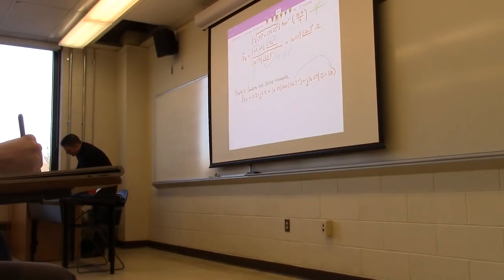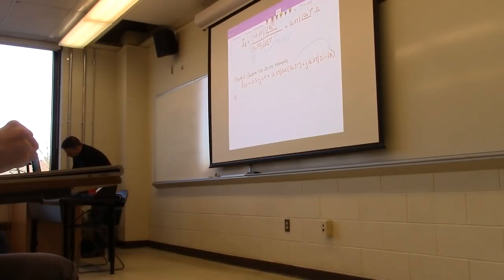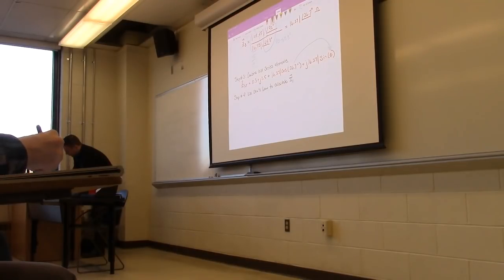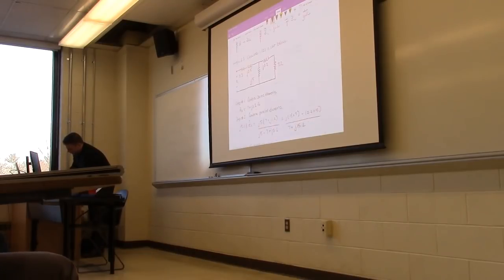Okay, so step 4 is going to be to calculate the I. And it does give us V1, even though I didn't write it. Well, I can go back up and write it.